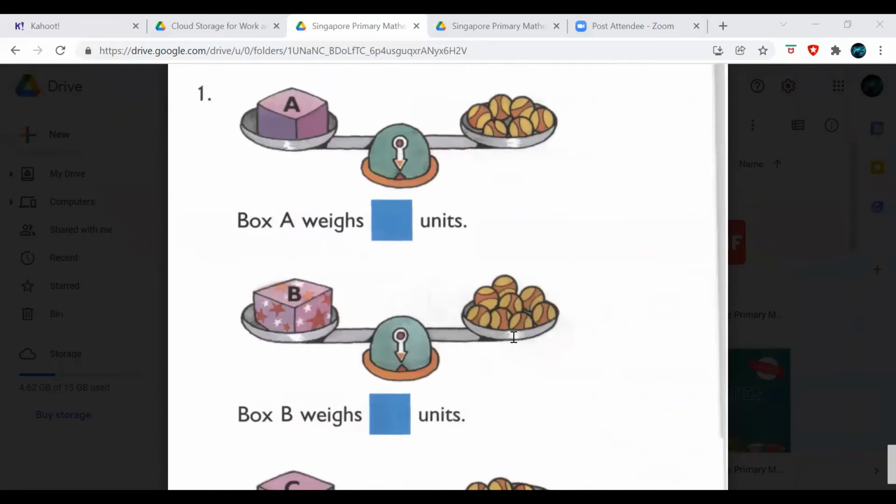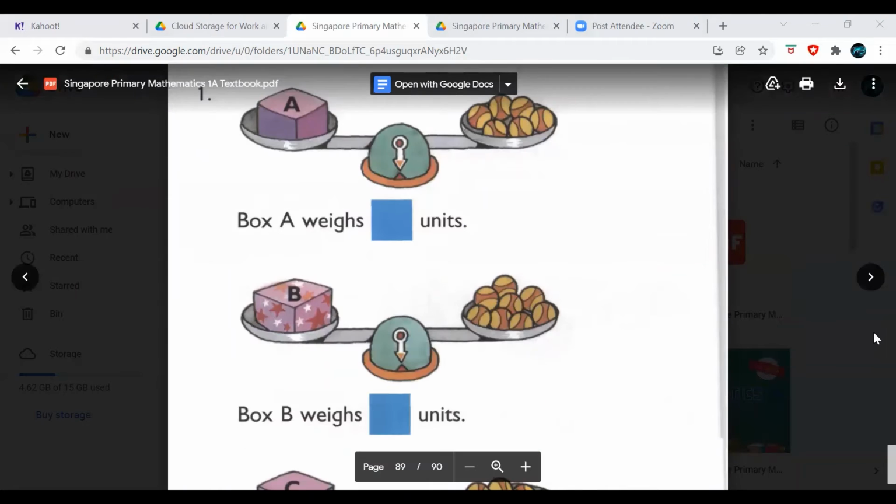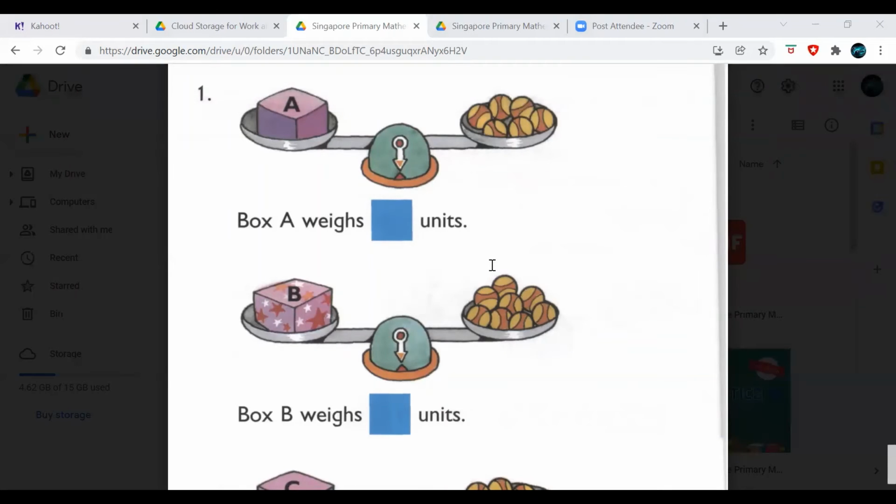Okay, what about this? Okay, we can't really see box A. 6 units. C. Oh. Wait, let's see. Wait, 6? Okay, nice job. And what about B? 8. 8, perfect.